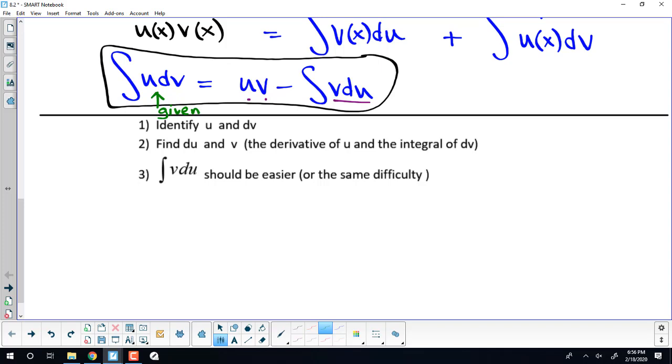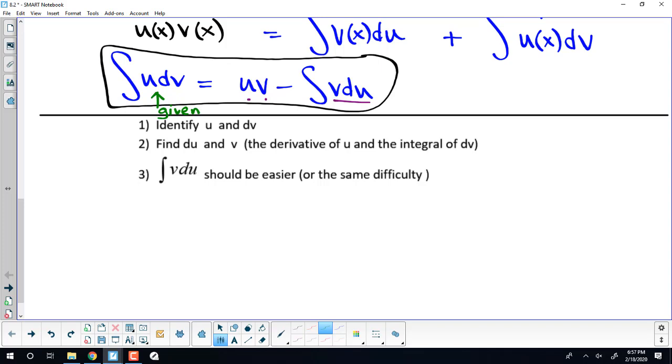When you identify the dv, we find the v by taking the antiderivative, right, the integral. So built into this antiderivative process are separate derivatives and separate antiderivatives. So there's a lot going on. You got to stay organized, otherwise you're going to be mixing stuff up. So this integral over here, the v du, it should be easier or the same difficulty as the original integral presented to you.